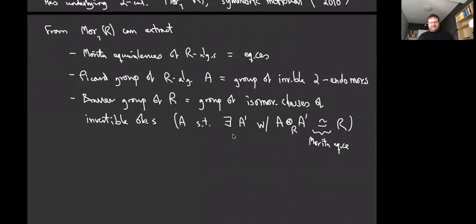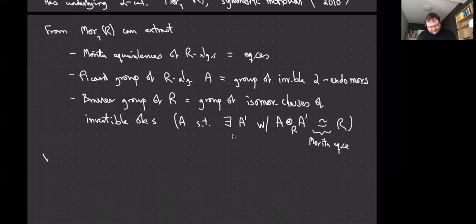They're exactly these kinds of invertible associative R algebras. That agrees with maybe the most classical definition, where R is a field and you consider central simple algebras over the field. This is a more general version of that. So, right, this was the classical Morita category.